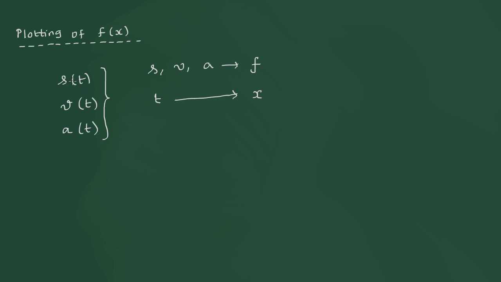Therefore s of t, v of t, a of t, all of them you can represent in general as an f of x. Mathematically we say that any function can be represented like f of x, and this is a function of one variable. This x is called the independent variable. f is known as the dependent variable.